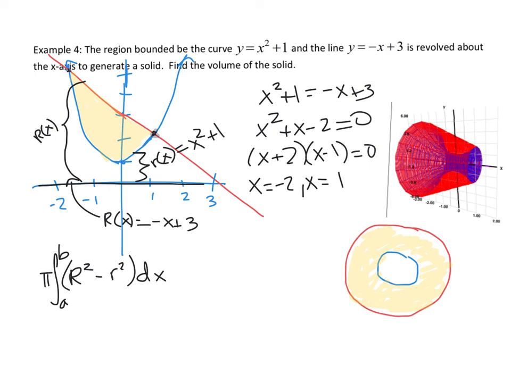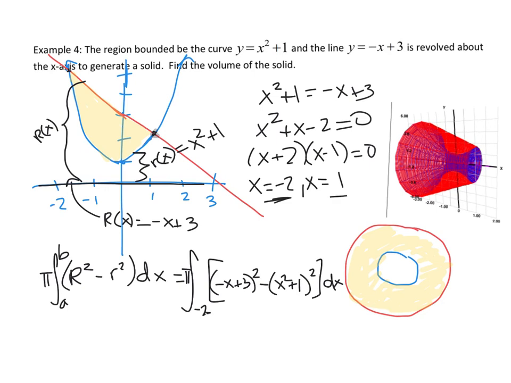So this integral is going to be pi times the integral of (negative x plus 3) squared minus (x squared plus 1) squared times dx, from my leftmost x, which we found was negative 2, to my rightmost x, which we found was positive 1. This is my integral here.